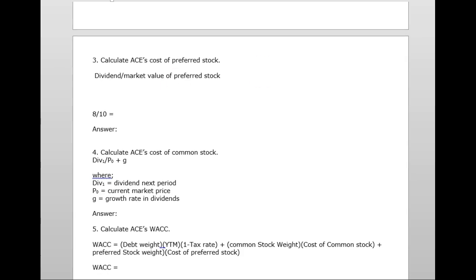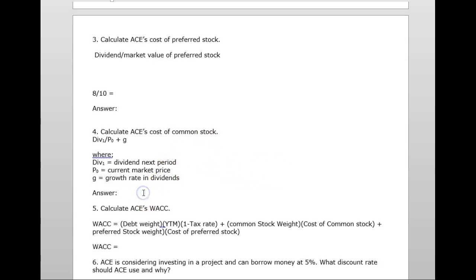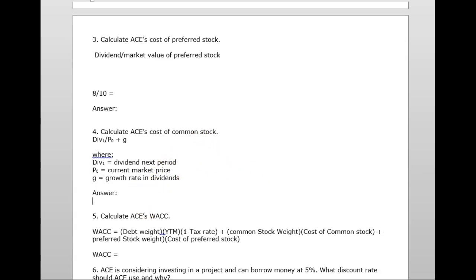If you come down here, let me show you what that's going to look like. So you're going to have 3 divided by 52. You'll calculate that out, and then plus 0.05.